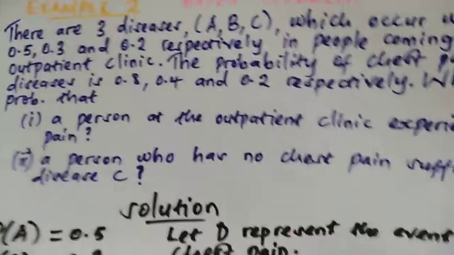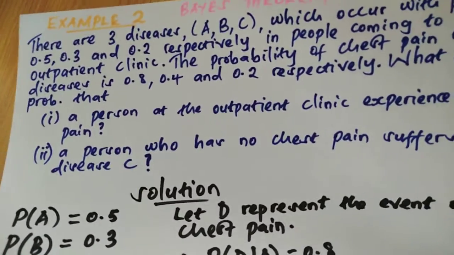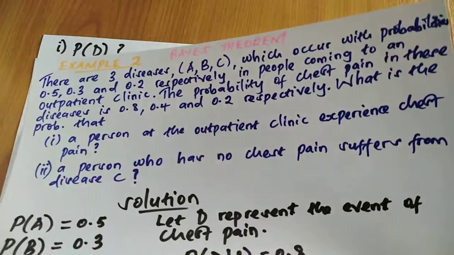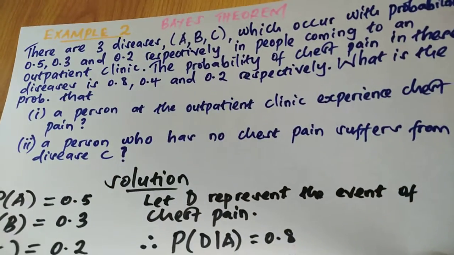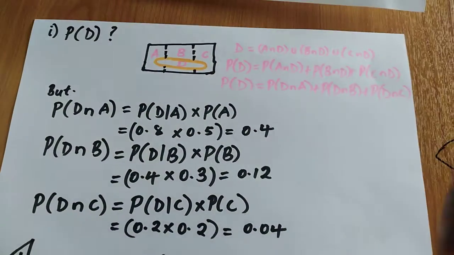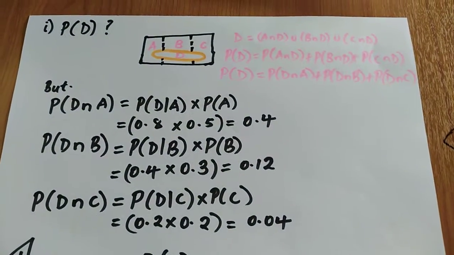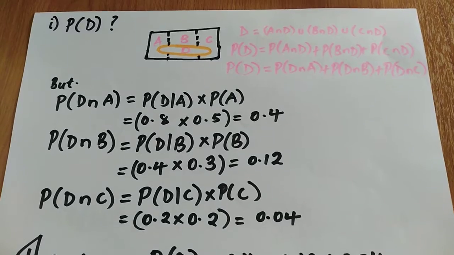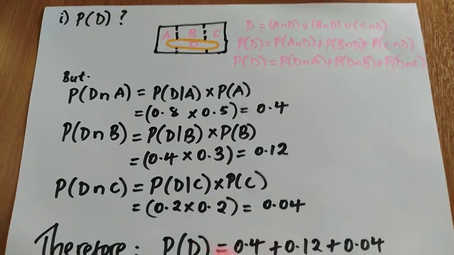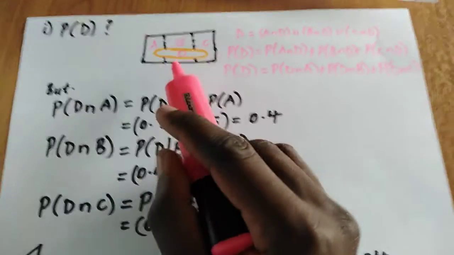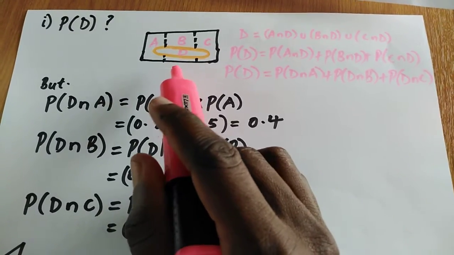So the question was, what is the probability that a person at the outpatient clinic experiences chest pain? And D represents the event of chest pain. So we bring in the idea of Bayes' theorem.